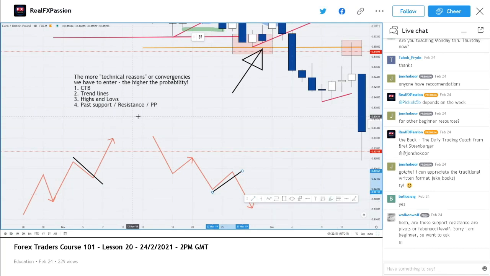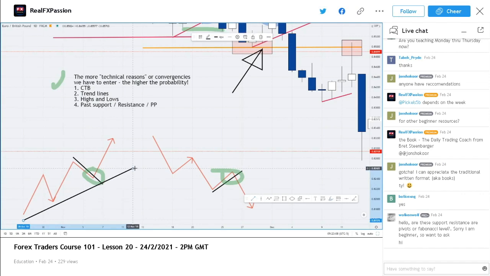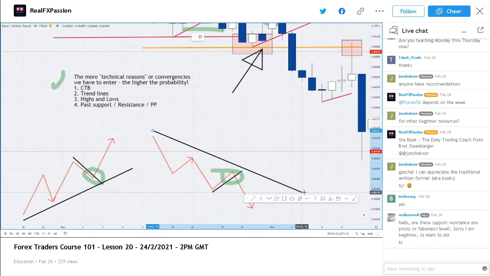So starting from today, I'm going to enter the market only if I see number 1, counter trend line break. Do we have a counter trend line break? Yes, we do. Check. Trend lines. In an uptrend, the market must be above the trend line. In a downtrend, the market must be below the trend line of the pattern that we are trading.